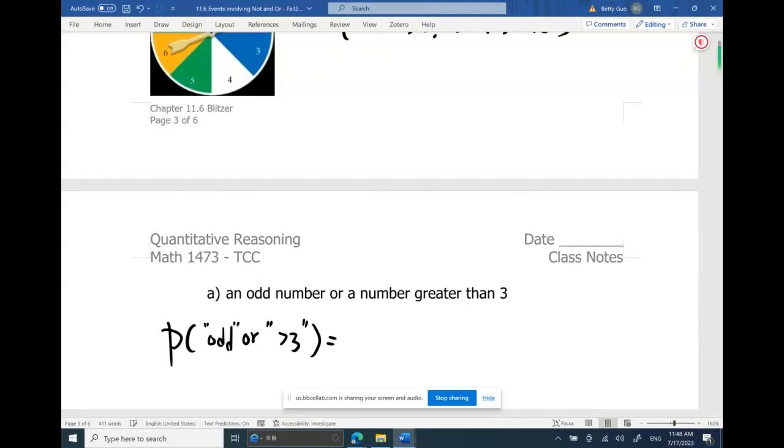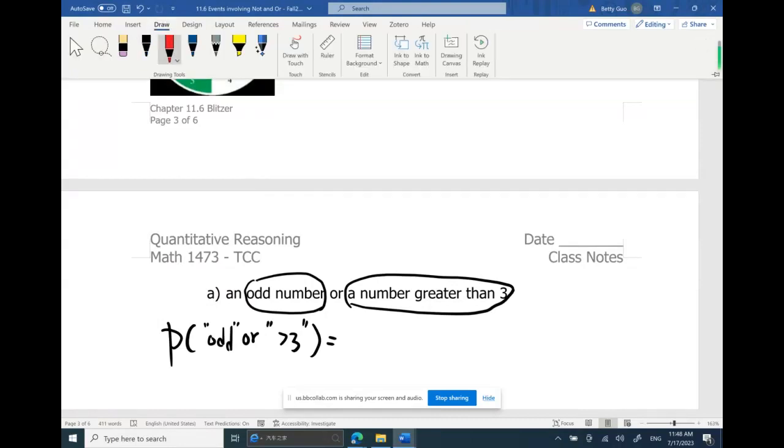All right, so let's consider the 2 events: getting an odd number, and getting a number greater than 3. Are they mutually exclusive? A number greater than 3 includes 4, 5. 5 is odd, right? So obviously they are not mutually exclusive.